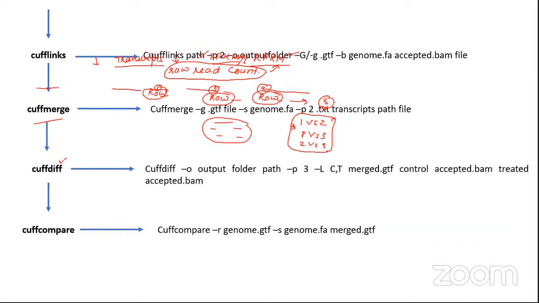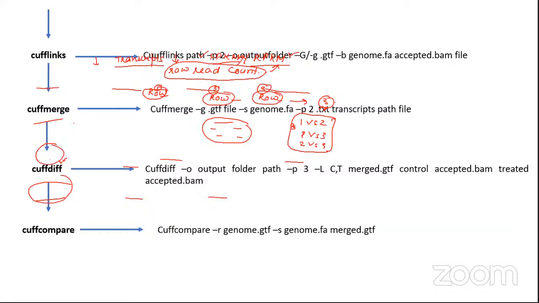Using Cuffmerge to merge, and to do the differential like this, we use Cuffdiff. So this is the command for Cuffdiff. Cuffcompare will compare. So this is an optional step.